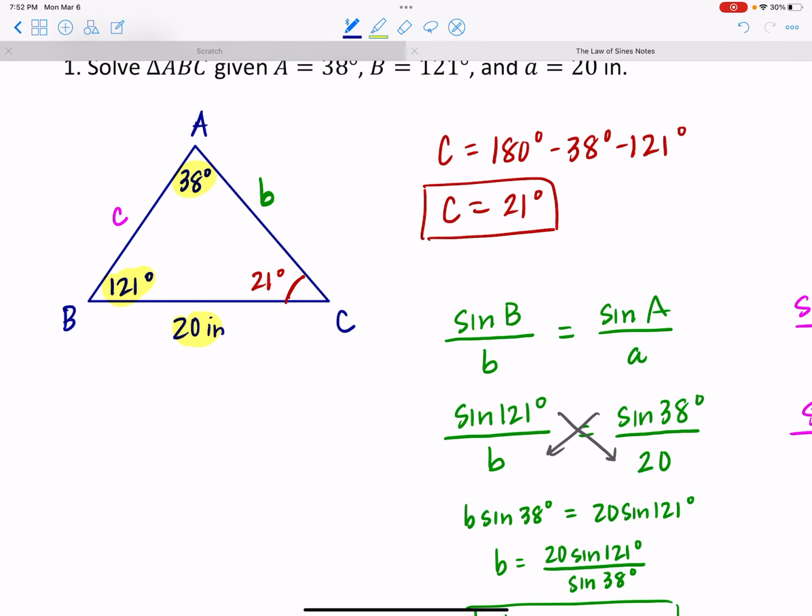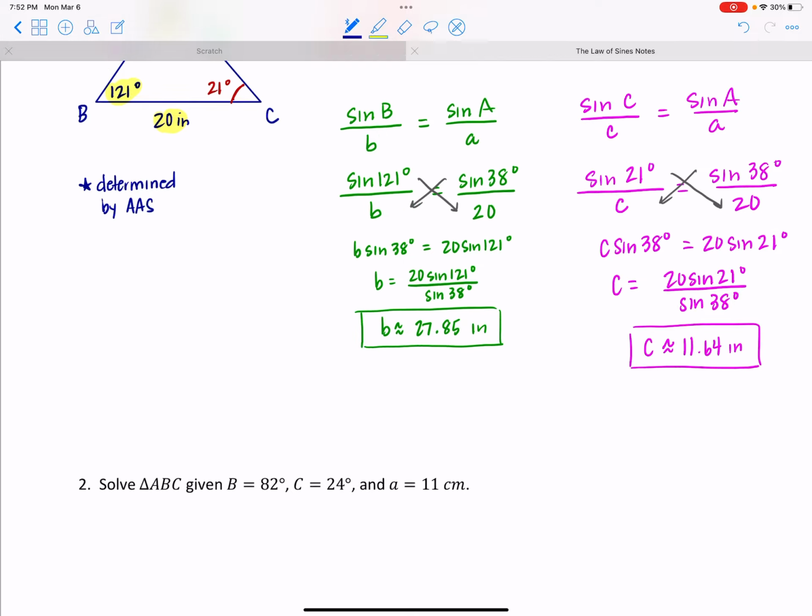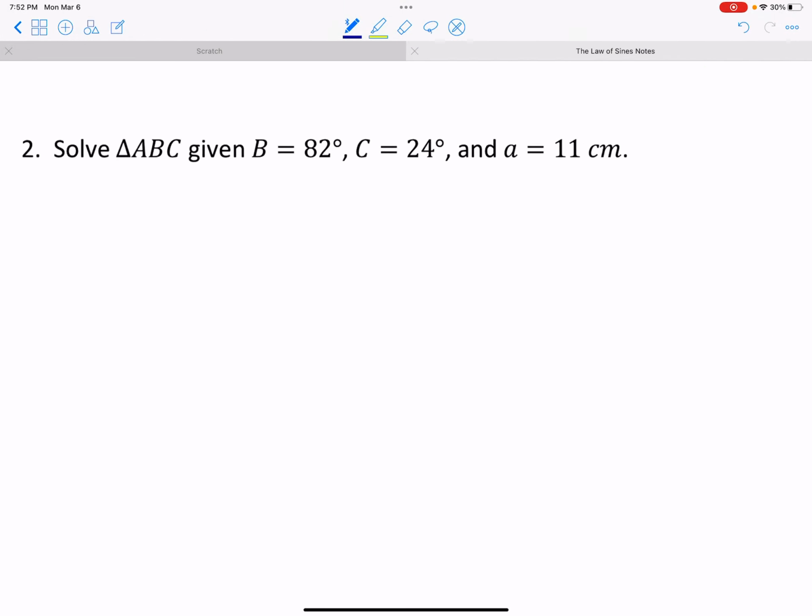So this would be guaranteed, or we could say determined, by the angle-side theorem. So this would be a case where we're using the law of sines to solve in an angle-side situation.